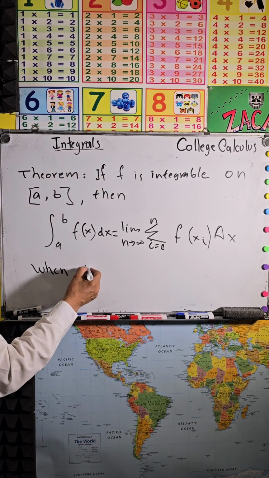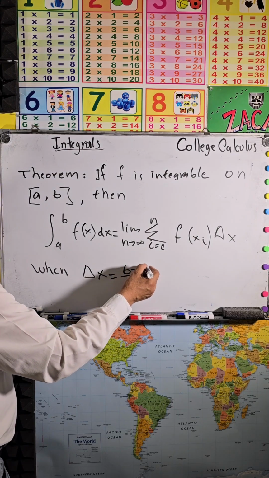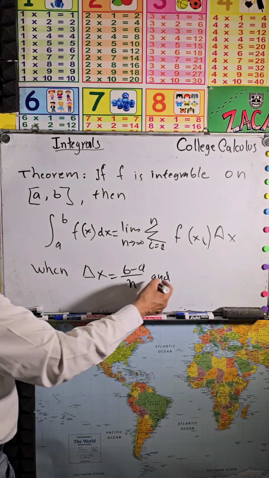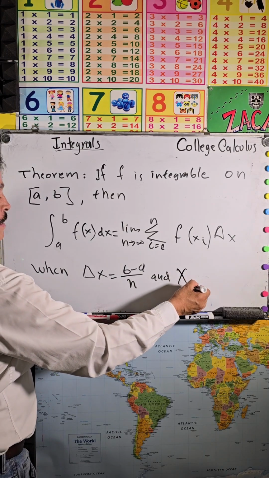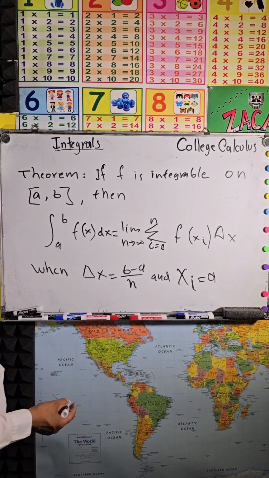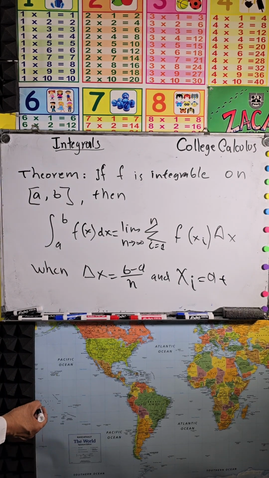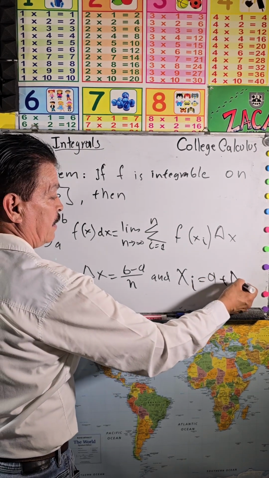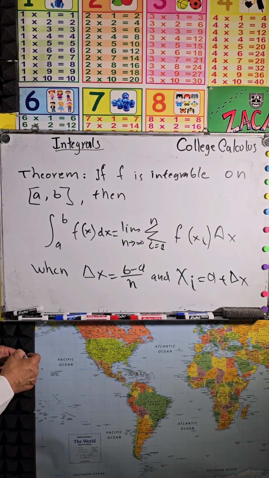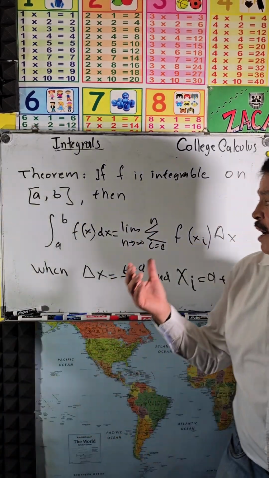This is actually the formula, right? Where delta x is b minus a divided by n, and x i equals a plus i times delta x, all right? So this is the theorem that we have to know before we start.